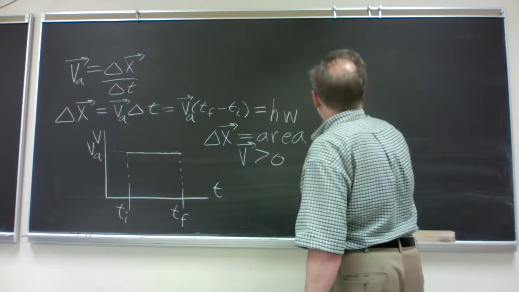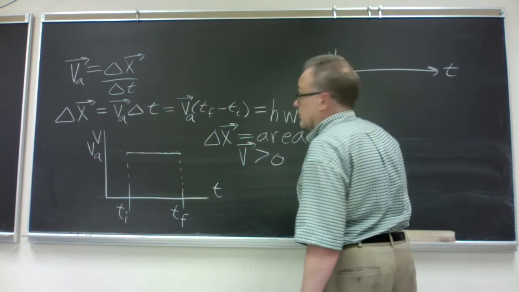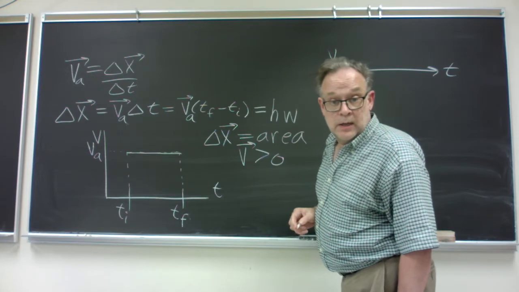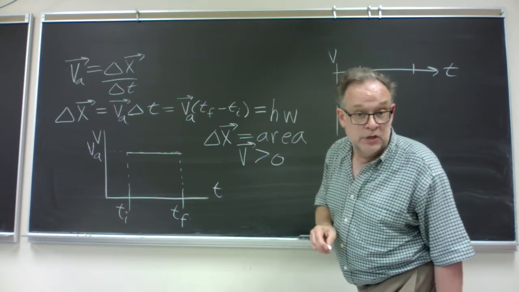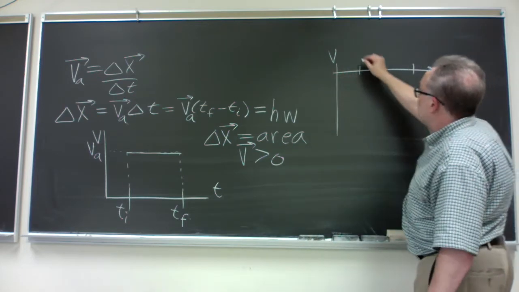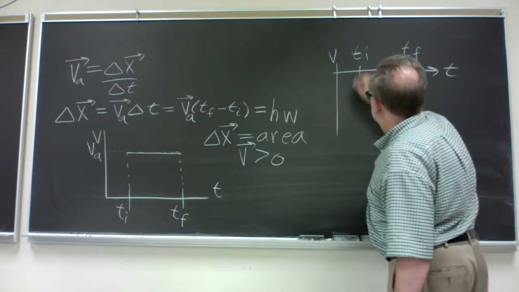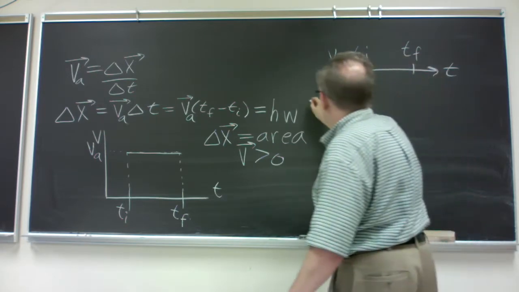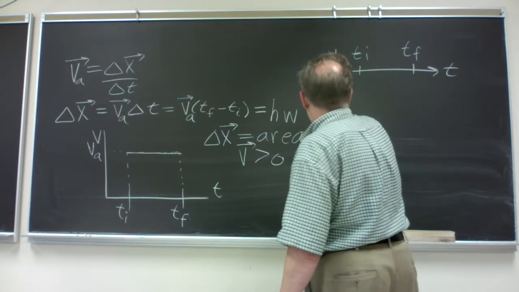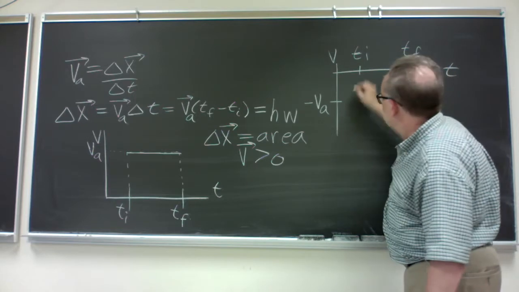So again, a velocity versus time graph, and now we'll say that there's a constant velocity between some initial and some final time. And the value of that constant velocity, now negative, is minus VA. And so we have a constant velocity for that much time.